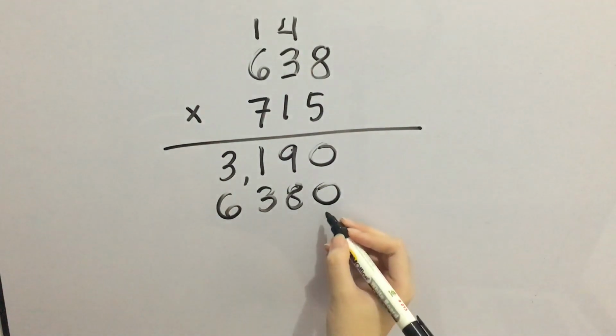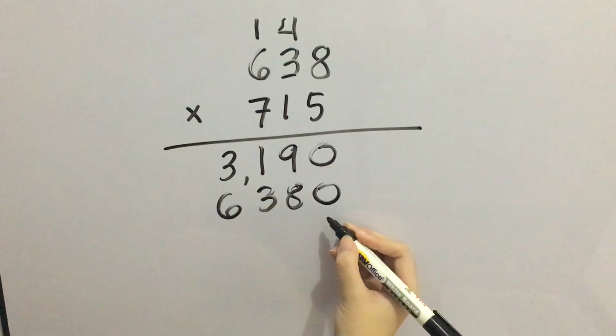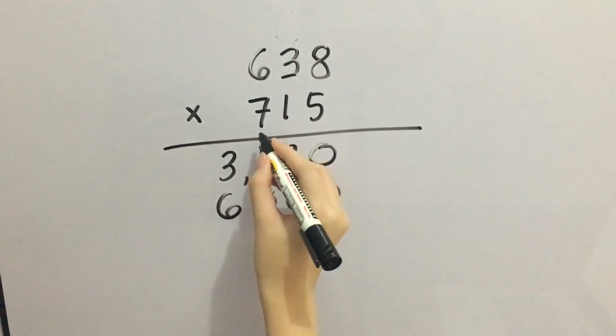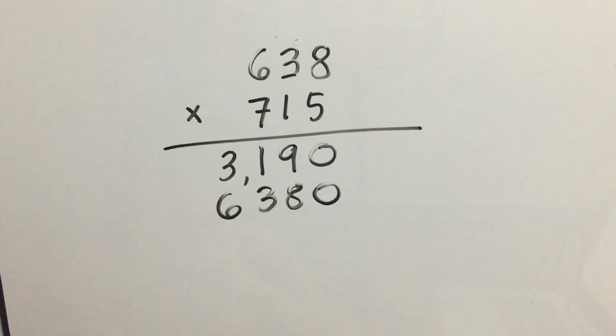Fantastic! The answer is 6,380. For step 3, multiply the hundreds digit of the multiplier, which is 7, with all the digits of the multiplicand, then regroup if necessary.